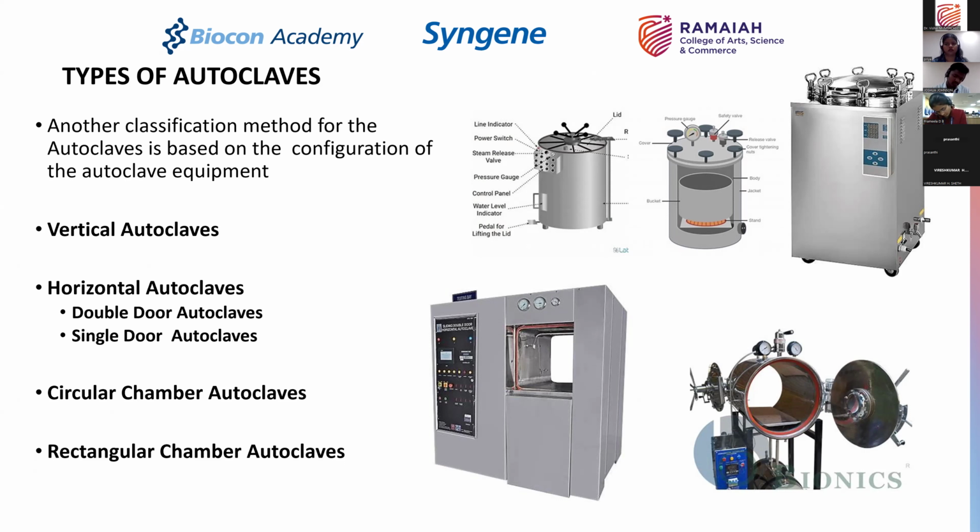And rectangular chambers were not very popular. The reason rectangular chambers were not popular was very simple: in a rectangular chamber, you have a 90-degree joint, and a 90-degree joint is always difficult to clean, and is also a place where microorganisms can harbor. But this was when the fabrication technologies were not so well versed.